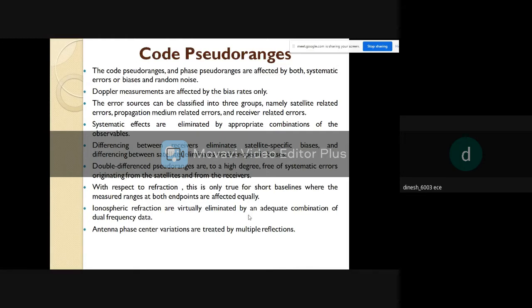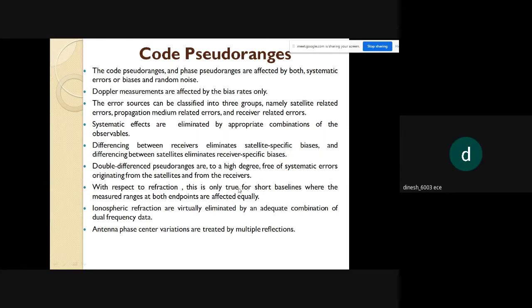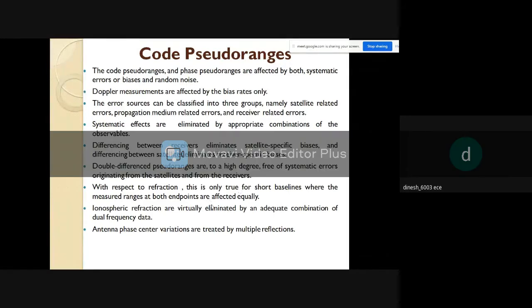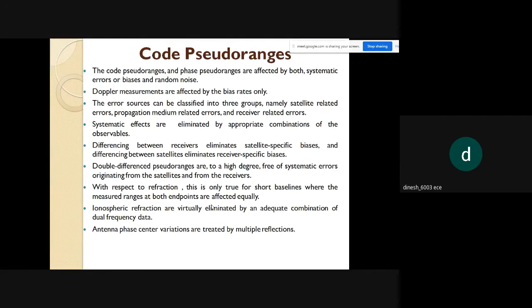And in terms of refraction, we'll be measuring short baselines that are set up at both the endpoints in order to eliminate the ionospheric refraction by combining the dual frequency data. So this is how we eliminate the error due to refraction.